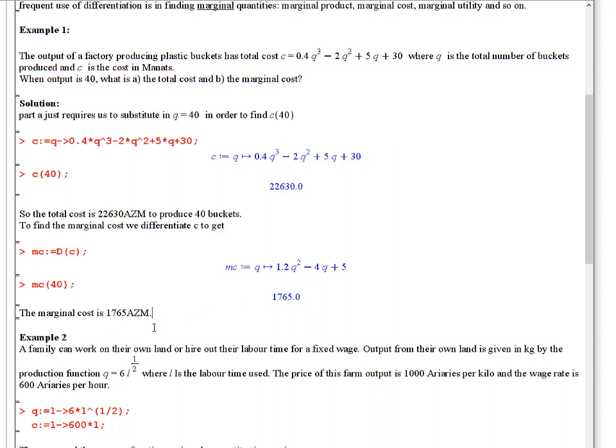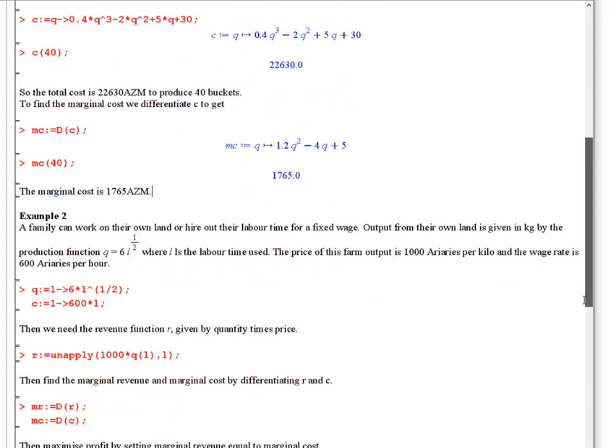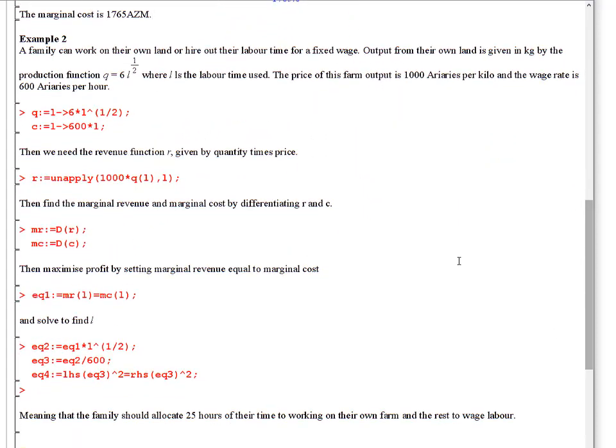That's the marginal cost. So the answer is, 40 buckets cost this much money, and at this stage to make one more bucket would cost 1,765 mannats. Okay. Any questions? Please ask during the live session.